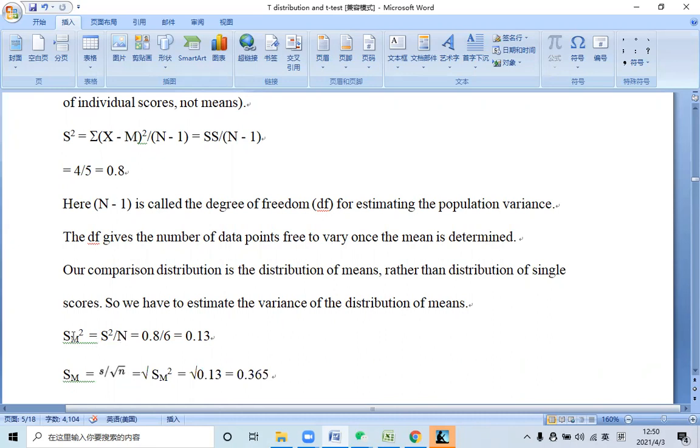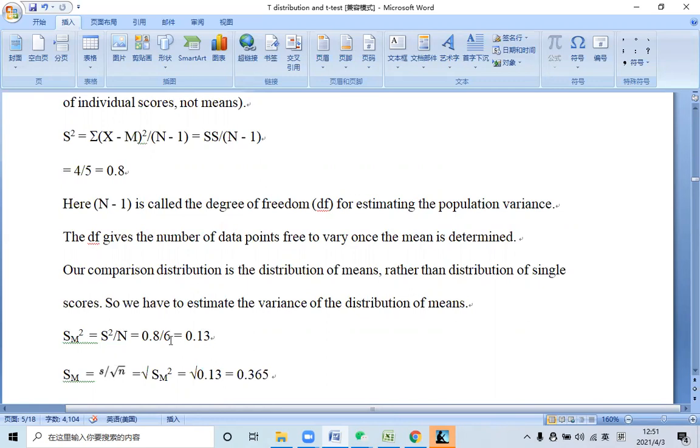Remember the difference between the variance of the population and the variance of the distribution of means. We need to go from single scores to the means. And the relation is divided by n, the number of people in the sample. In this case, the population variance is 0.8 and sample size is 6.